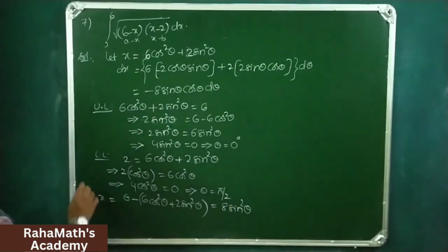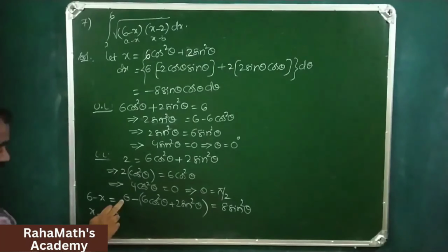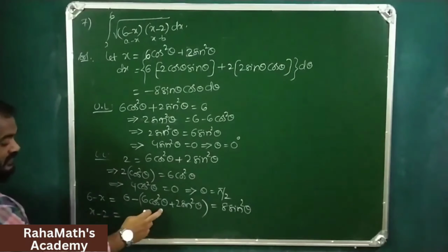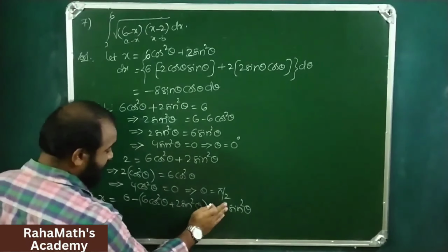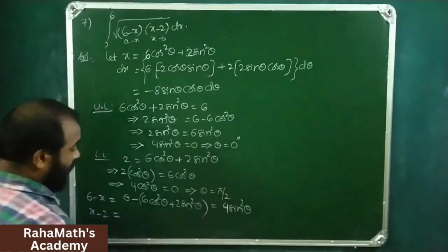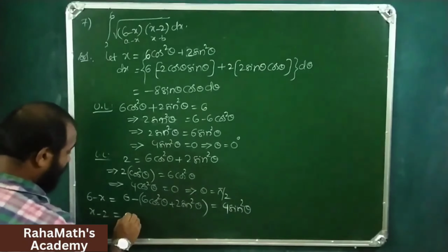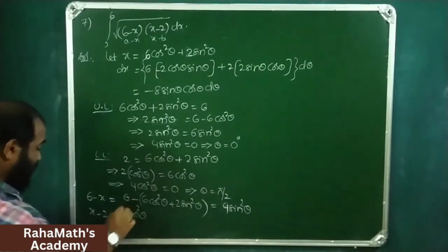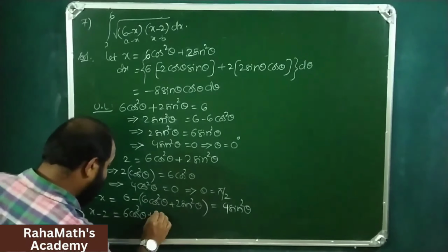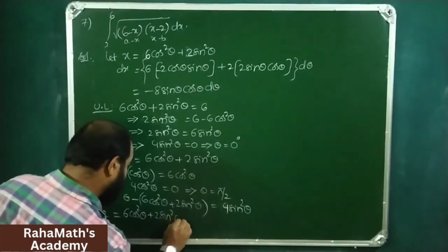And what is x minus 2? Now 6 cos square theta minus 2 sin square theta, 6 minus 2 is 4 sin square theta. Okay. And x minus 2 is 6 cos square theta plus 2 sin square theta minus 2.